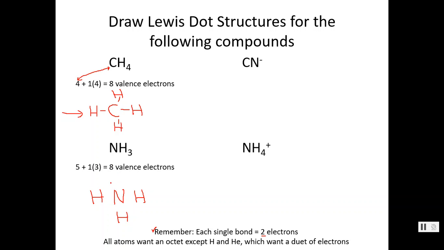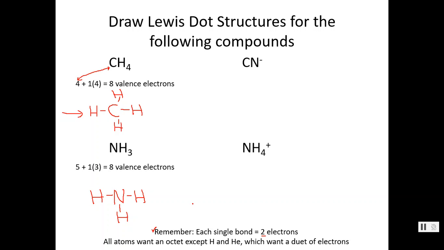I'm going to start to draw my single bonds from my central atom to my outer atoms. Again, I'm going to count by 2 so I can keep track. So 2, 4, 6. I have used 6 of my 8 valence electrons. I've got 2 more valence electrons I need to place.